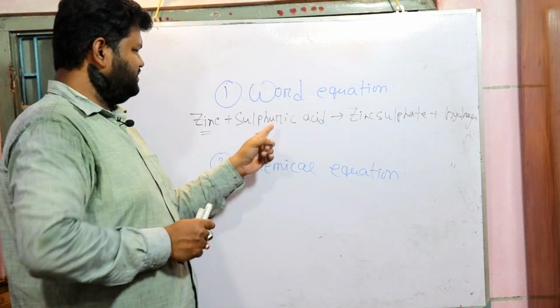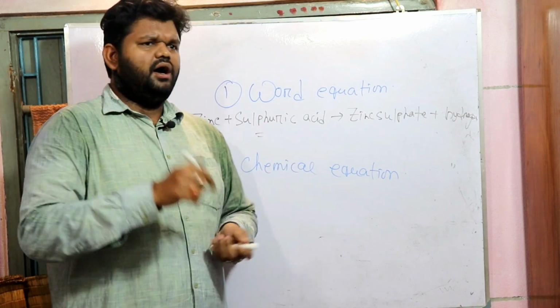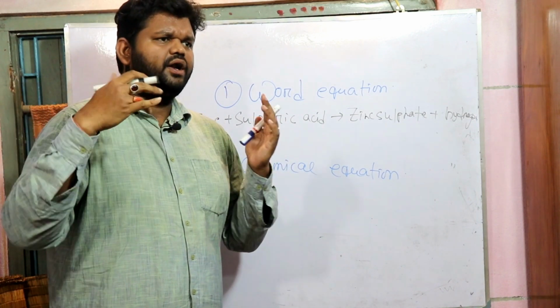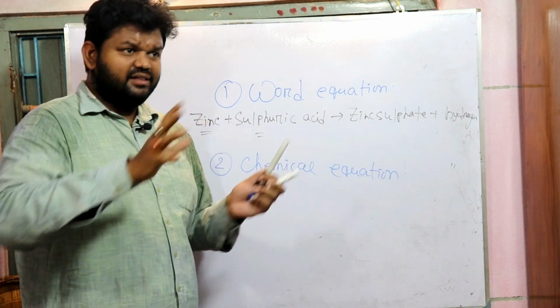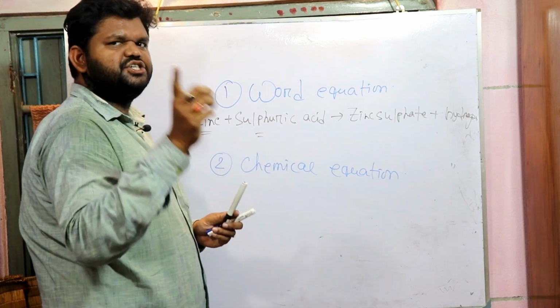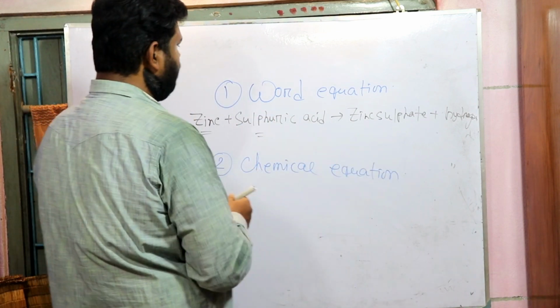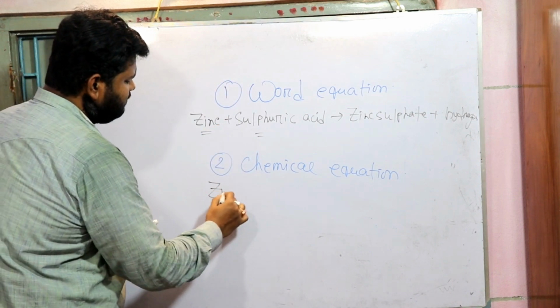But this is not a good way, because in this case you are not able to get the oxidation state, valency, and this kind of thing. That is why the chemical equation is the best way of representing a chemical reaction. What is this? This is zinc, zinc.